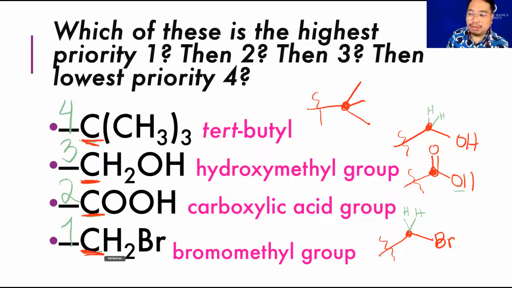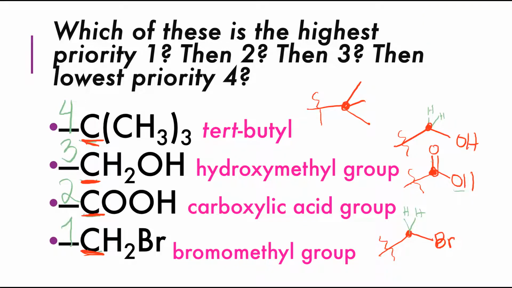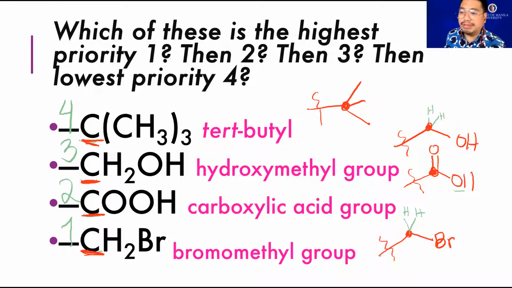That far, do you follow? Yes, sir. Okay. And since they're all carbon atoms, they all tie up. They all have a molecular mass of 12, or an atomic number of 6. So in terms of atomic number, they're all as big as each other. So tie. Sabi natin, kapag tie, we have to list down what atoms are attached to them.